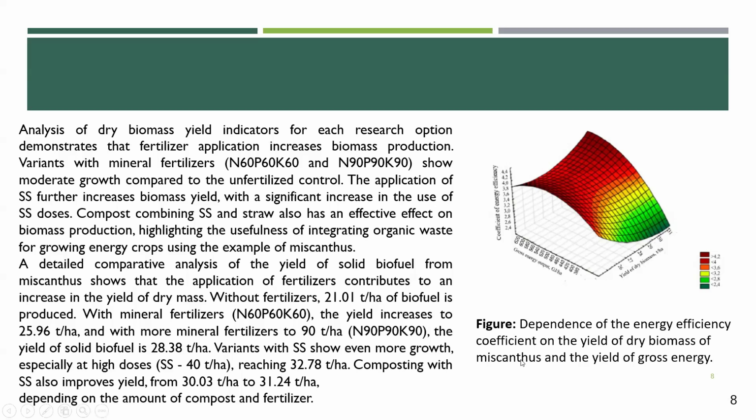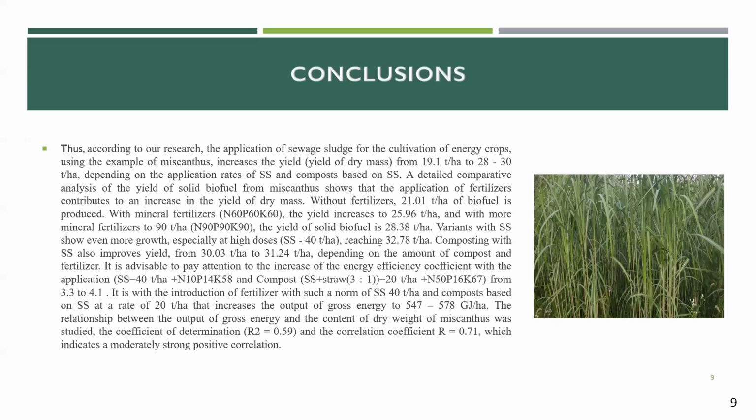In this picture we have the dependence of the energy efficiency coefficient on the yield of dry biomass of miscanthus and the yield of gross energy, and taking this into account, it can be argued that the application of CSC with a compensatory dose of mineral fertilizers is an extremely effective way of increasing the biomass of energy crops, for example, miscanthus.